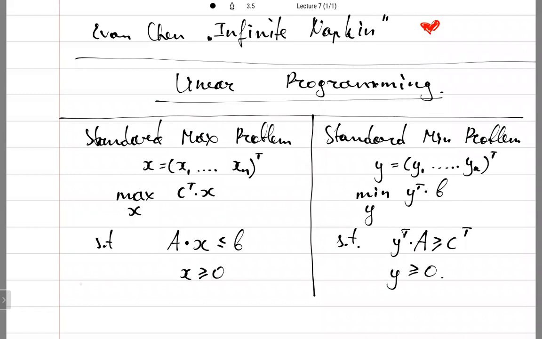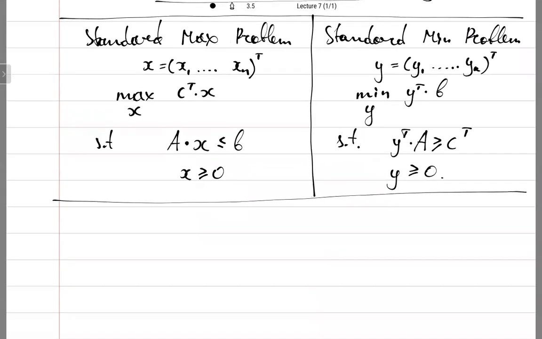And these two problems, last week, we have proven, so what did we prove last week? We have proven that first order conditions are exactly the same for these two problems. So we have proven a theorem: first order conditions are exactly the same.